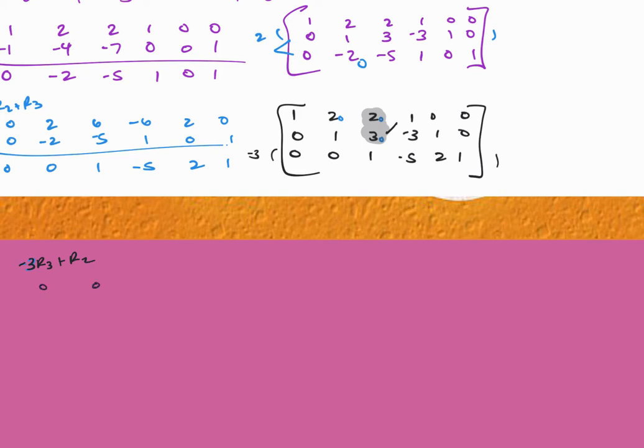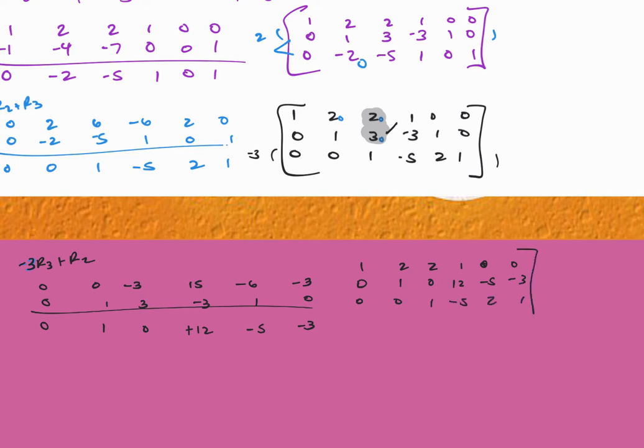So 0, 0, -3, 15, -6, -3, 0, 1, 3, -3, 1, 0. And that takes the place of row 2. Isn't it positive? Yes, thank you. 0, 1, 0, 12, -5, -3, 0, 0, 1, -5, 2, 1.